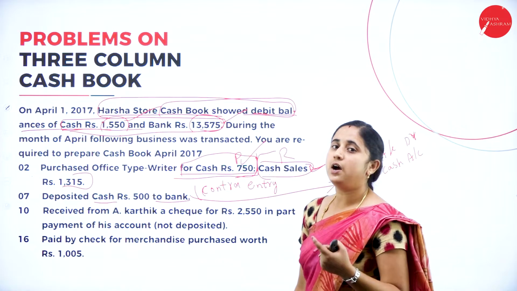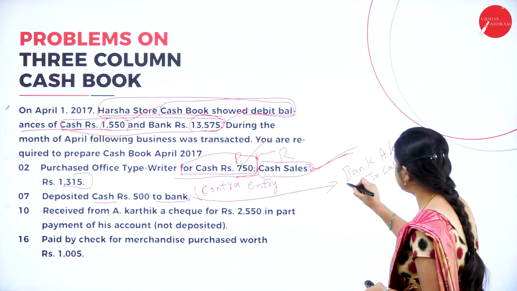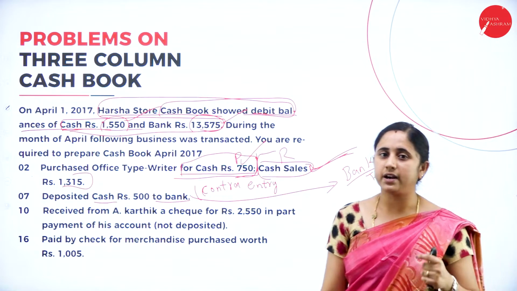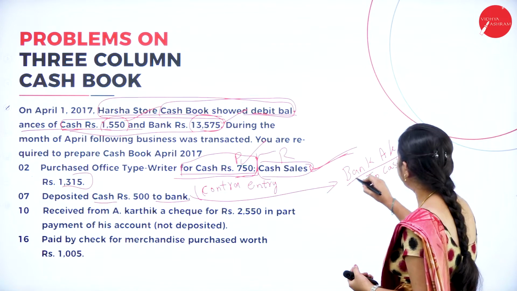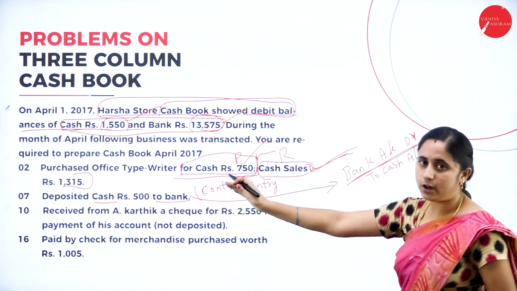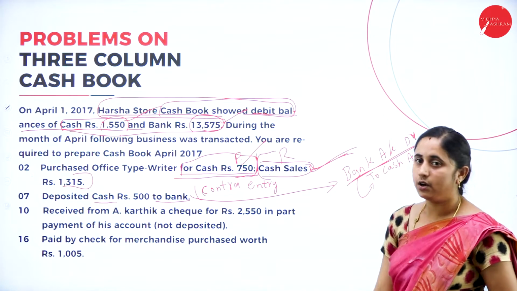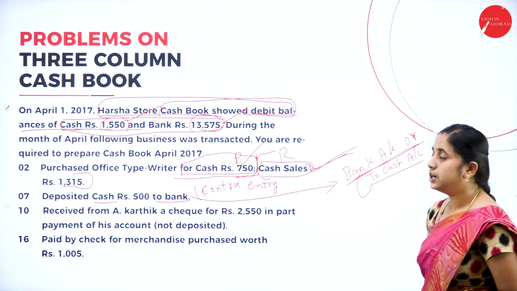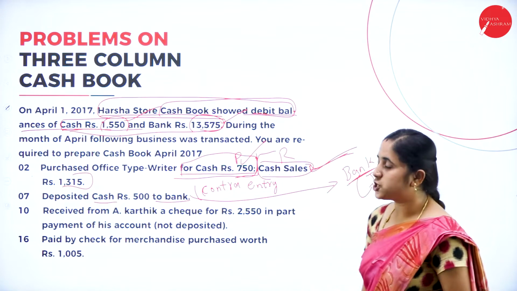Now we are going to write it in the cash book. First, just consider the bank transaction and post it into the cash book. Here the bank account is debited, so write on the debit side of the cash book, against which cash is credited. So write cash account rupees 500 in the cash book.